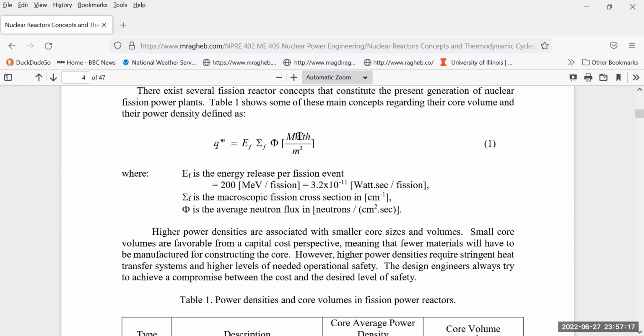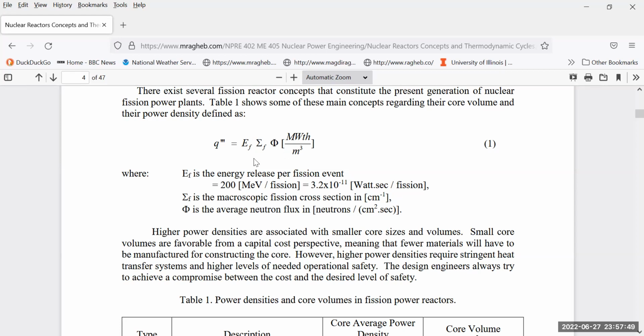So if you take the power in megawatt thermal, meaning thermal energy, not electric energy, we know that electrical energy is equal to the thermal energy multiplied by the efficiency of the conversion process. So the volumetric energy uses units of megawatt thermal per cubic meter.